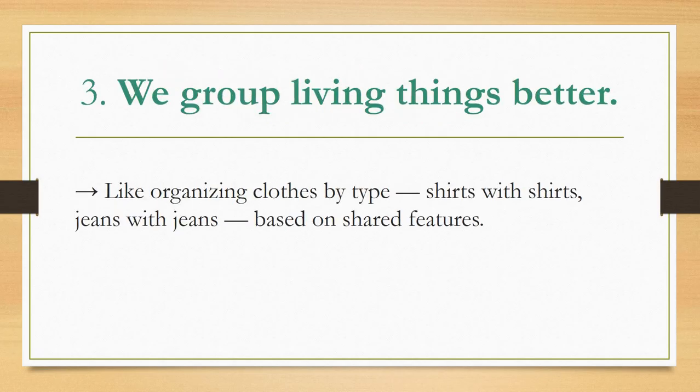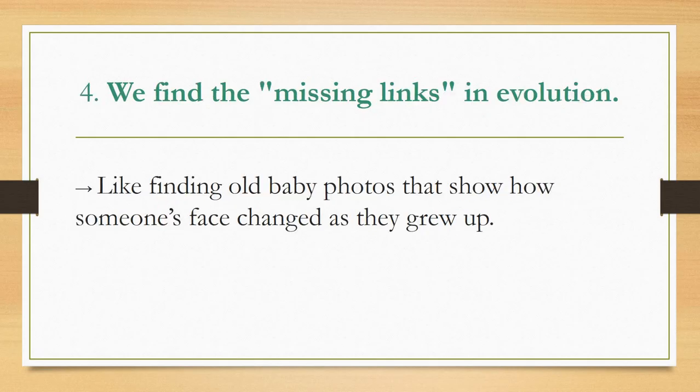We group living things better, like organizing clothes by type, shirts with shirts, jeans with jeans, based on shared features. We find the missing link in evolution, like finding old baby photos that show how someone's face changed as they grew up.